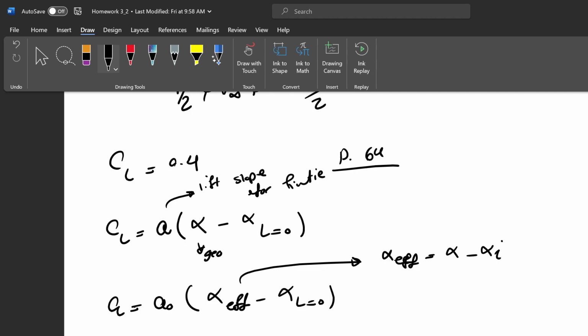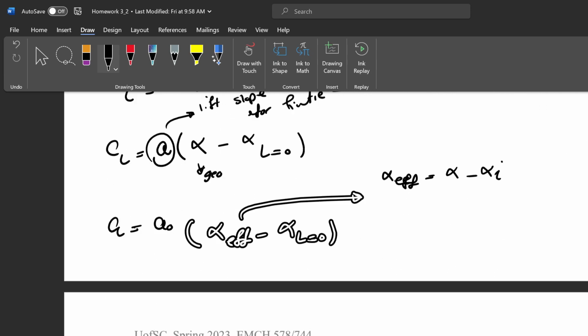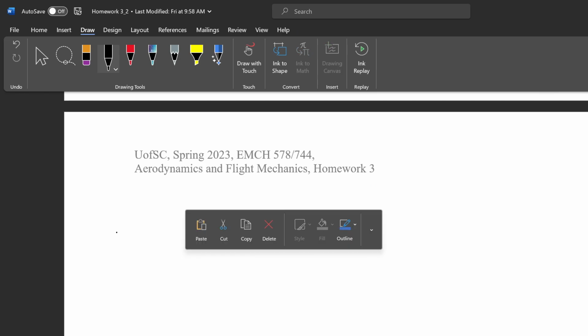So let's actually go find the lift slope. Sorry for the notification sounds. Let's go find the lift slope, and then we can plug everything in here. We should be fine. How do we find the lift slope? From the lift slope equation. What was the lift slope equation? Again, page 64.